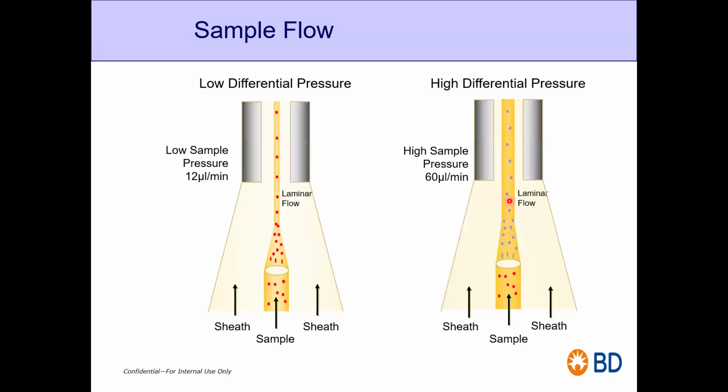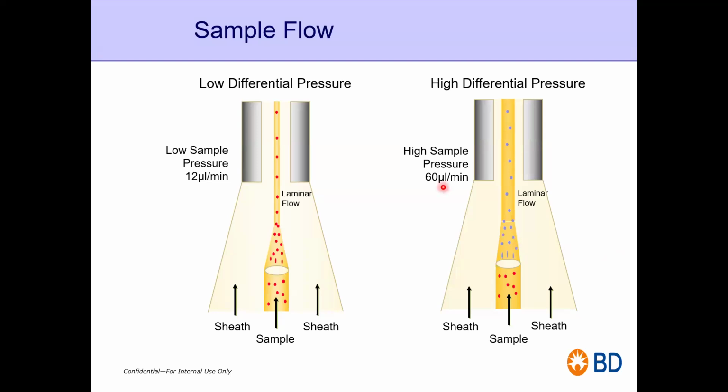Also, at one time, multiple cells are going in. Because of that, there is a very high chance that you'll get doublets, or two or three cells hitting the laser at one time, because then it will go like one cell this way, one cell that way, or maybe they are stuck together and move like that. So in that scenario you might find a lot of doublets in your population.